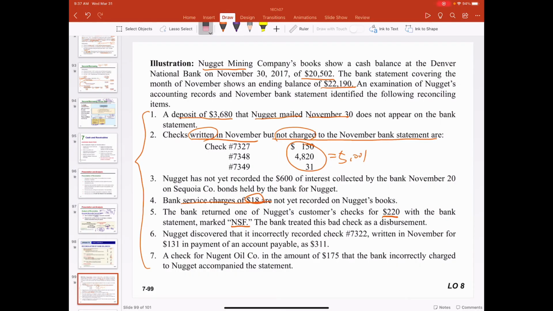Okay, the next one is number 6. Nargate Mining discovered that it incorrectly recorded a check. So this check was a payment written in November. It recorded the payment as 131, but the actual payment was 311.